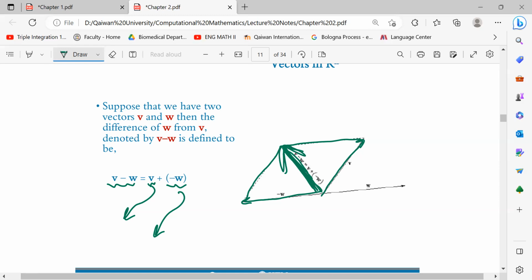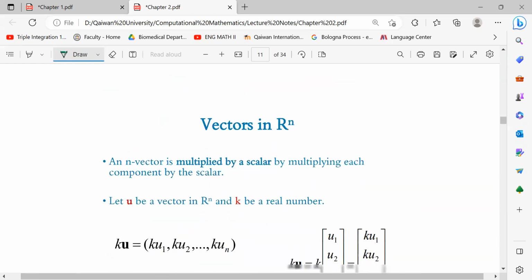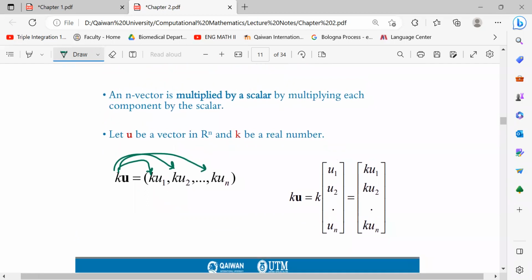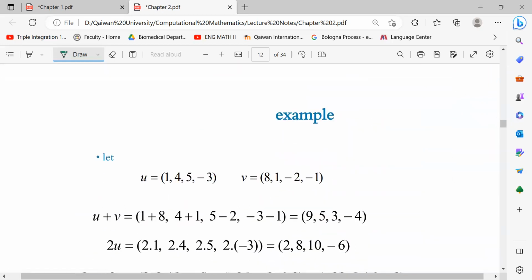Then we just join these three peaks and we get that parallelogram. If we multiply a vector by a scalar, we multiply all the components of the vector by the scalar. Here, if we multiply k times u, we multiply all the components by k.